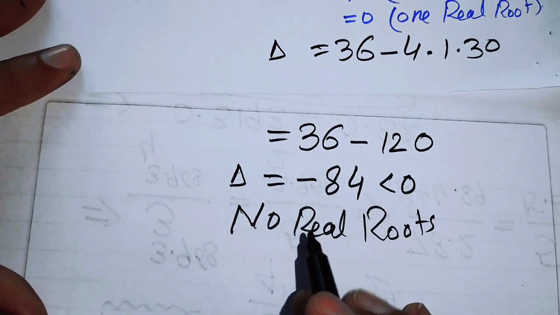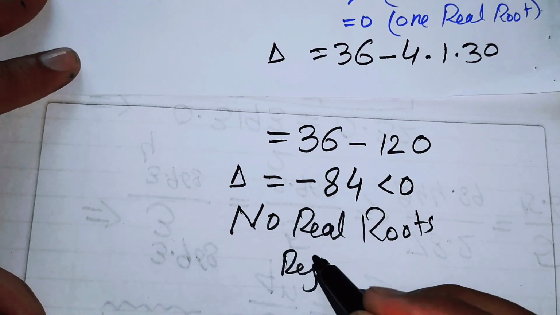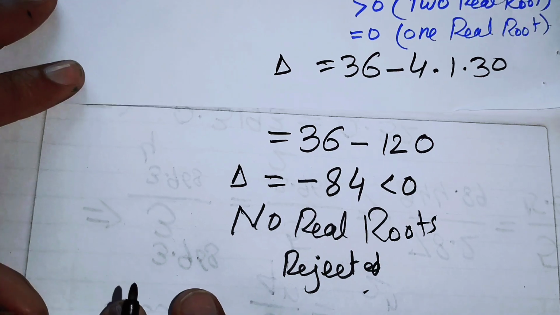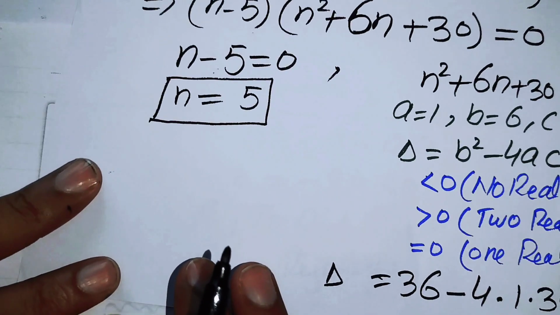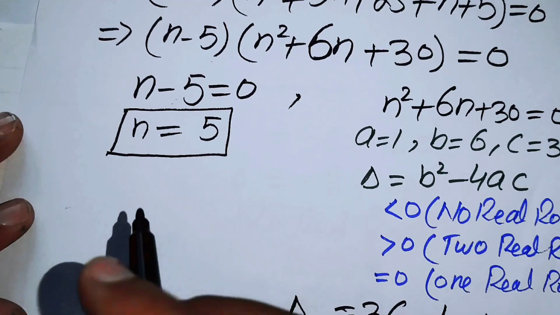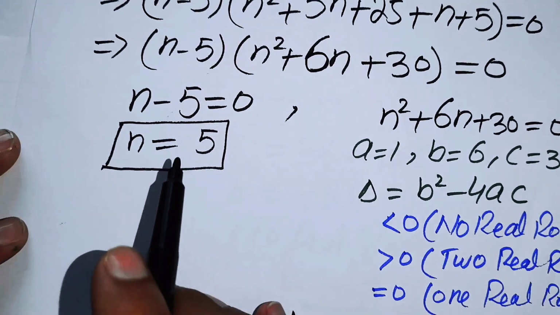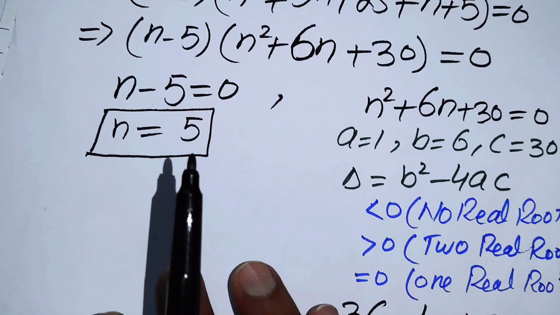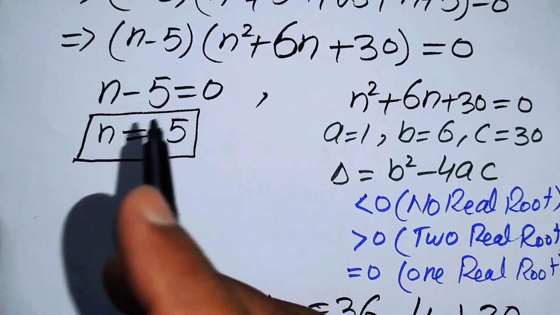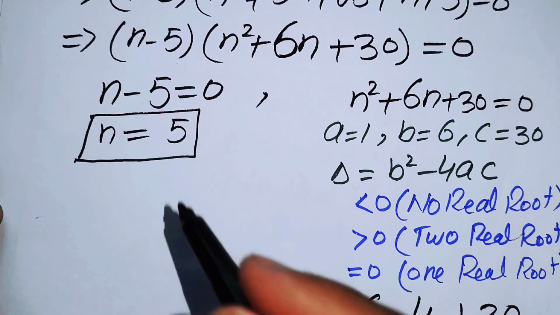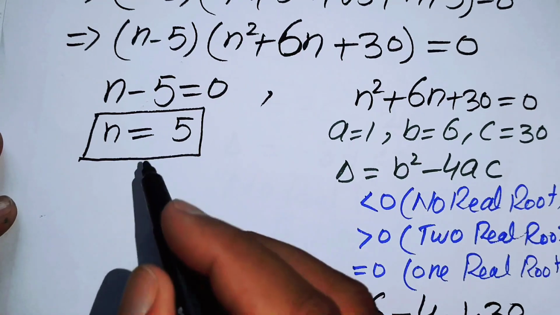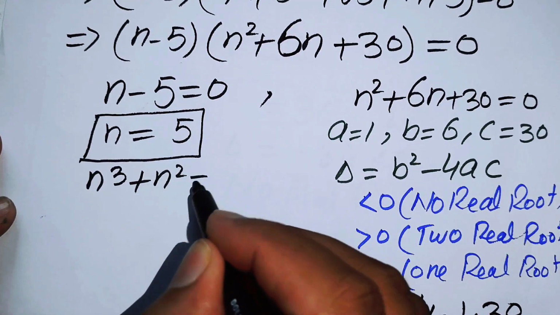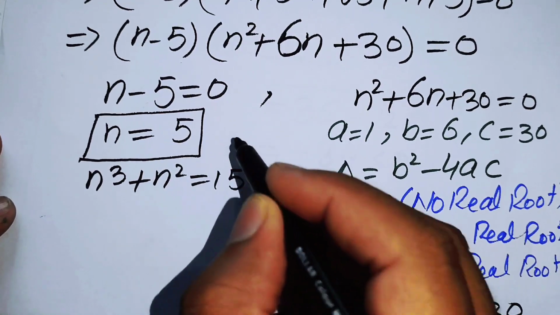If it has no real roots, then we will reject this case, because here we need the real roots only. So finally we can say n is equal to 5 is the only solution of the given equation. Now we need to check whether this solution satisfies the given question or not. Our given equation is n cubed plus n squared is equal to 150.